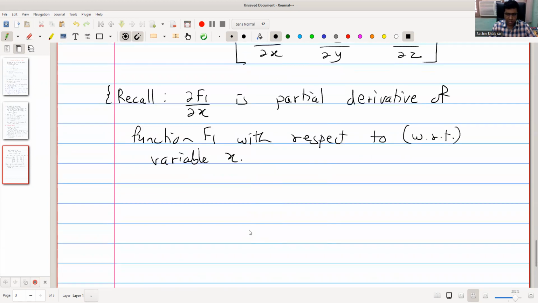And how to find such a derivative? In this case, we treat all other things constant except x.